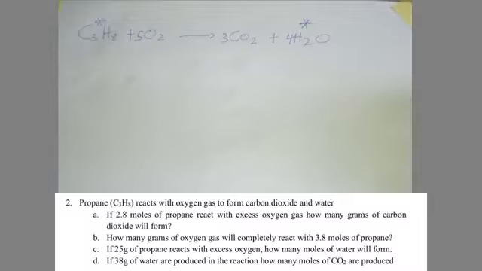Based on the nature of the question, we are going to use a mass interpretation. What do I mean? We are asked about 25 grams of propane, so it simply means we are going to be using masses for our calculation. But in the end, we are going to convert our final answer to moles because we are required to find the moles of water that will form.